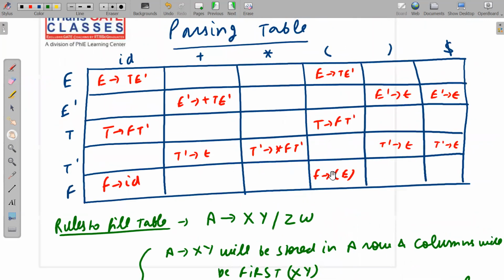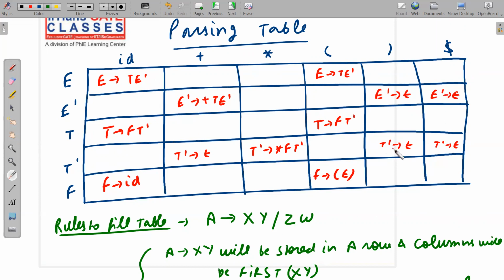Okay. Yeah, and a question may be asked in GATE exam or in other competitive exams: how many cells are filled and how many cells are empty? So you can count. Okay, so 1, 2, 3, 4, 5, 6, 7, 8, 9, 10, 11, 12, 13.